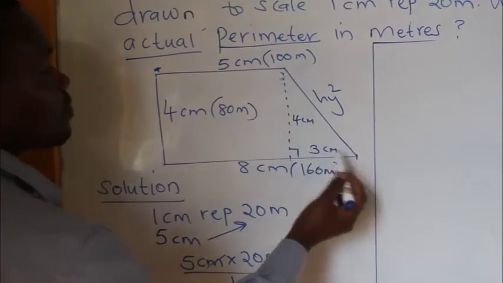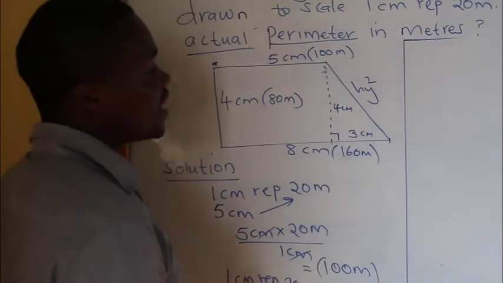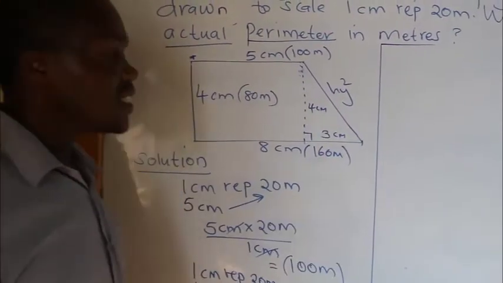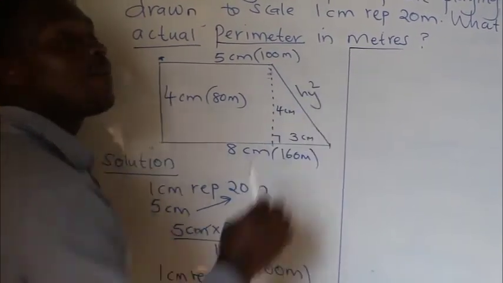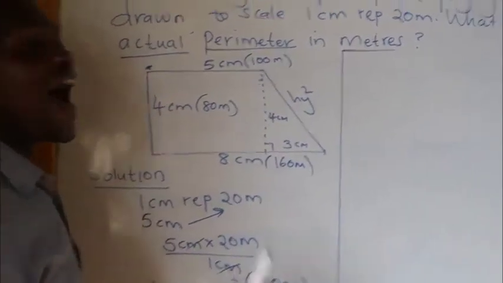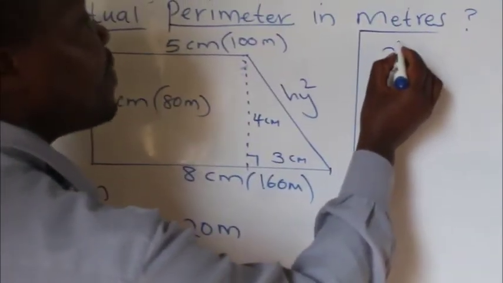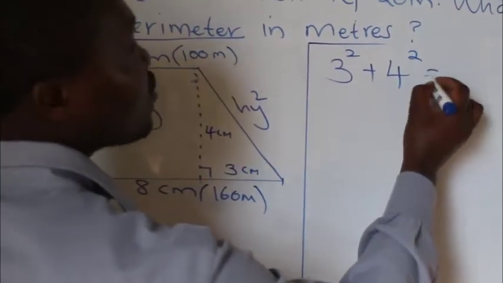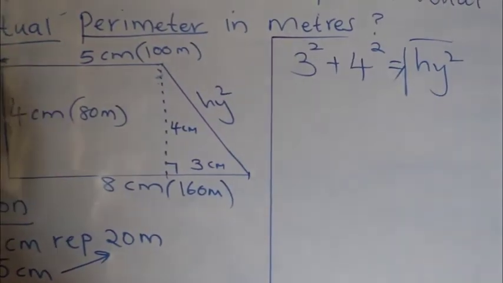So I can use the base and the height to find the hypotenuse. Let me remind you, when you square the base plus you square the height, the answer is the hypotenuse squared. Then you find the square root of the answer that you get.